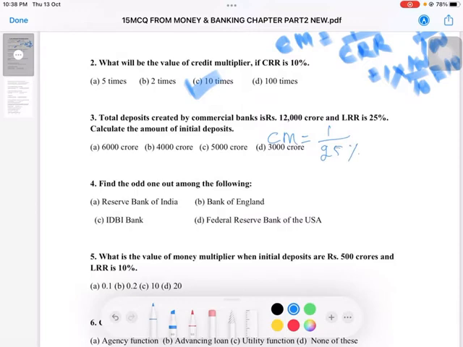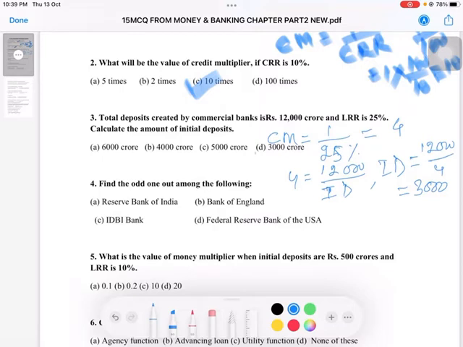So it will be how much? 4. So credit multiplier 4 is equal to total deposit 12,000 by initial deposit. So from this initial deposit will be 12,000 divided by 4. So it will be 3,000 crores of rupees. So the right answer will be option D, 3,000 crores of rupees.